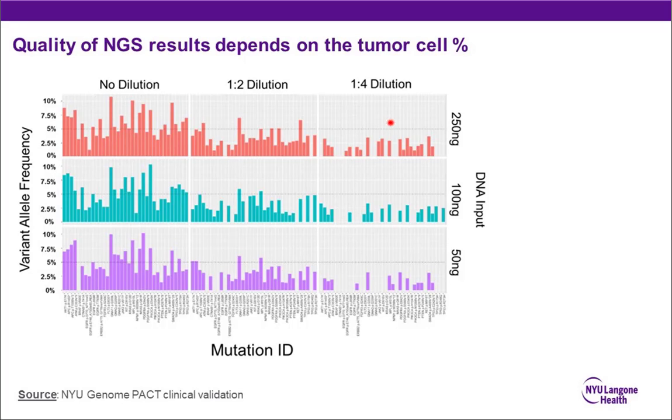In addition, you can see that your ability to detect these mutations also decreases with decreasing DNA input. While decreasing DNA input may not have much impact when your sample is not diluted, the more you dilute, the higher the impact of decreasing DNA input.